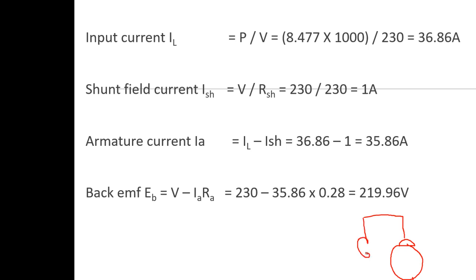So here I am drawing, this is a shunt motor, right? So this is the applied voltage V. So this is IL.